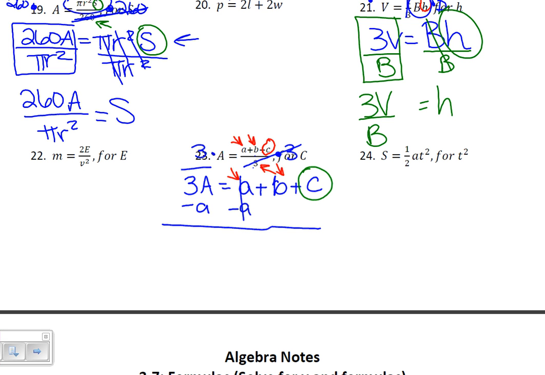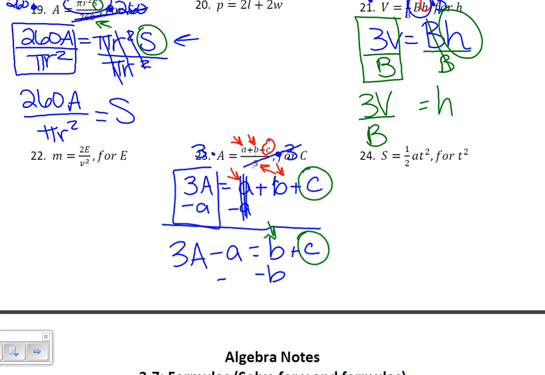Again, I don't know what this is, I'm going to leave it. 3A minus A equals, my A's cancel, so I'm left with B plus C. Again, circling what I'm solving for. What they did to C, they added B, so we're going to do the opposite. The opposite of adding B is to subtract B from both sides.